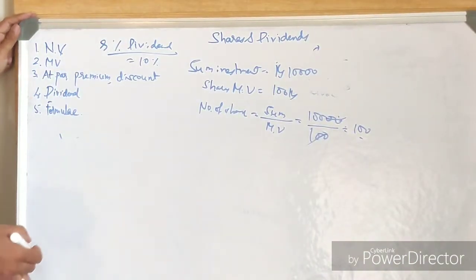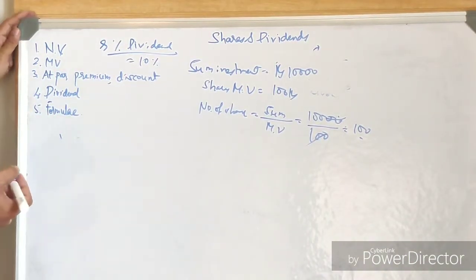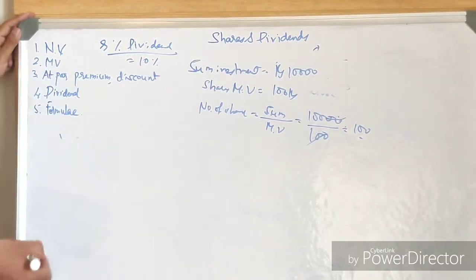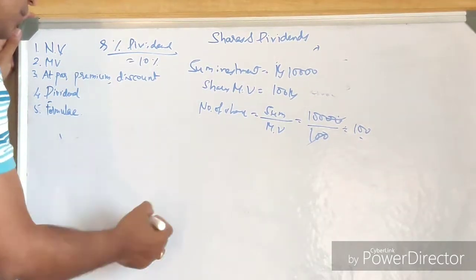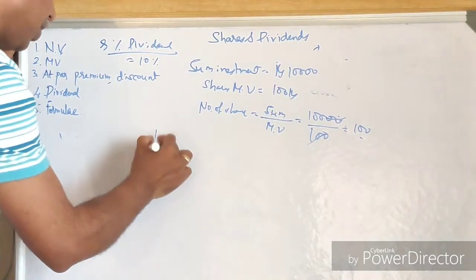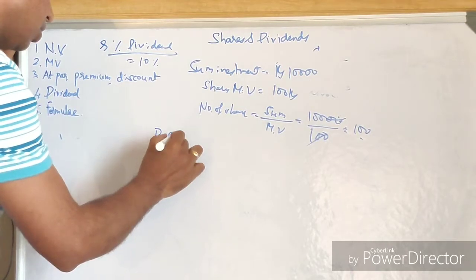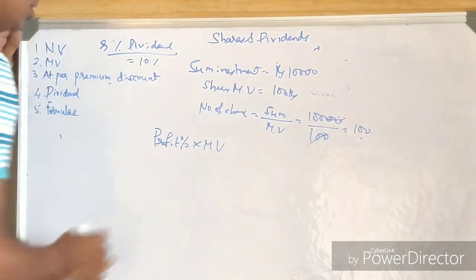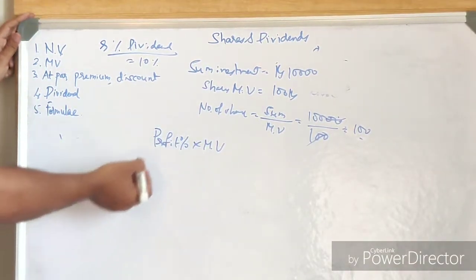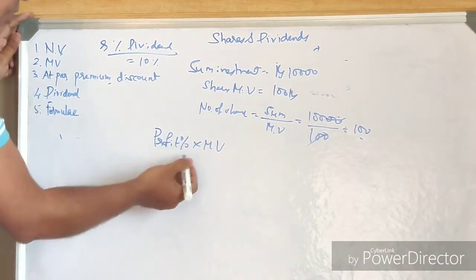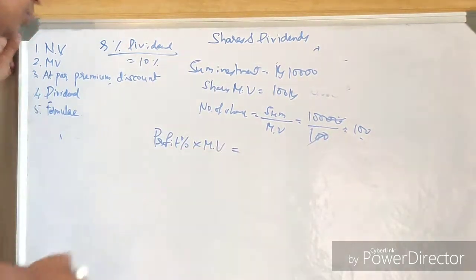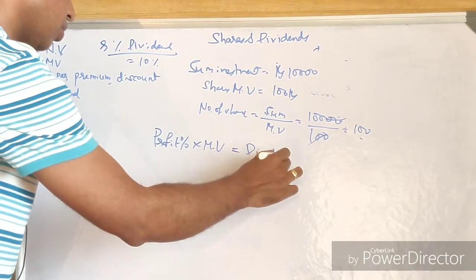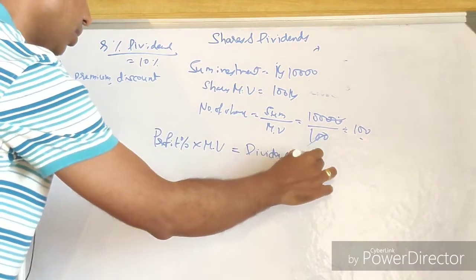Now, how do you find the profit percentage? Profit percentage is always calculated based on the sum investment. There is another formula, called the profit percentage. Profit percentage into MV, for the person, because of how much he has invested, should be equal to the dividend percentage into NV.